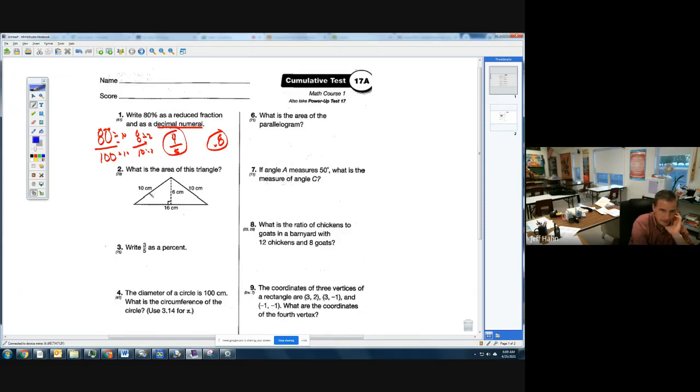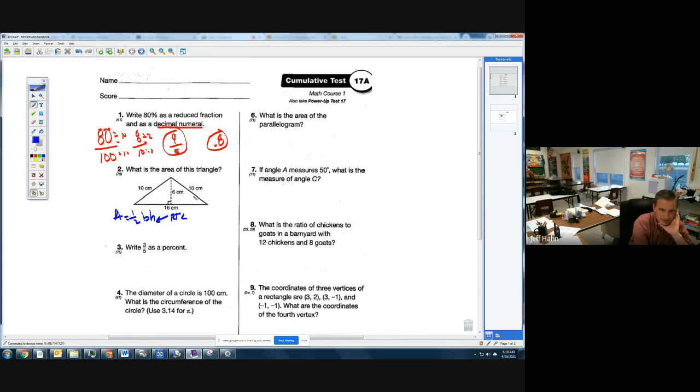Number 2, area of a triangle. Definitely write down the formula: the area of a triangle is area equals 1/2 base times height. And remember, those 2 things have to form a right angle with each other. So what 2 lines on your triangle form a right angle? That would be this 16 and that 6.